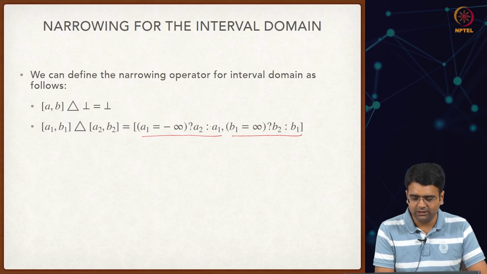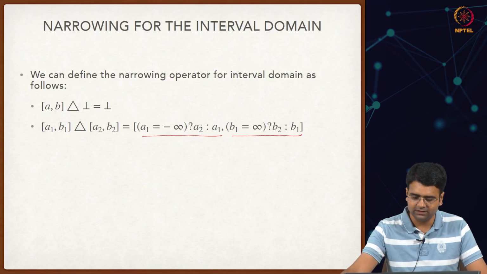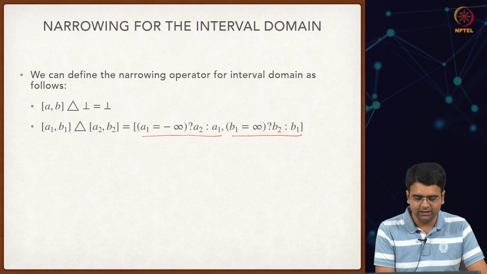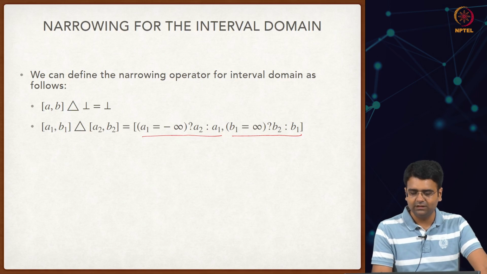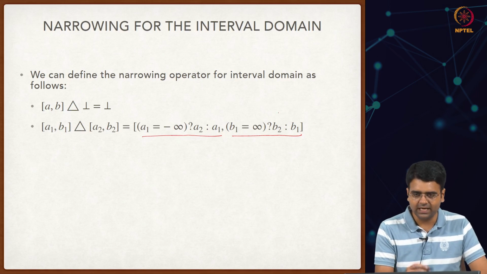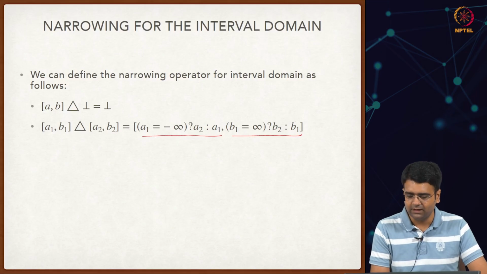To compute the lower limit, you look at the value of a1. If a1 is minus infinity, then the lower limit is going to be a2, otherwise it is going to be a1 itself. Similarly, for the upper limit, you look at the value of b1. If b1 is infinity, then the upper limit is going to be b2, otherwise it is going to be b1 itself. So this is the definition of the narrowing function for the interval domain.